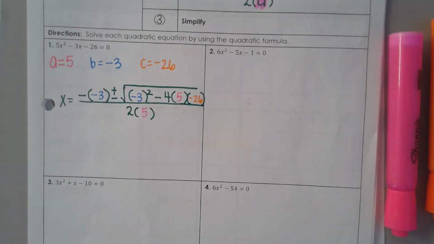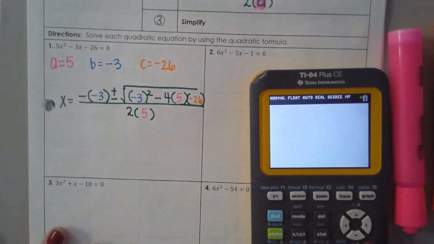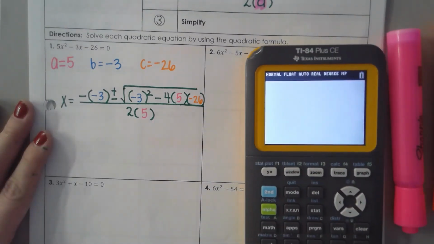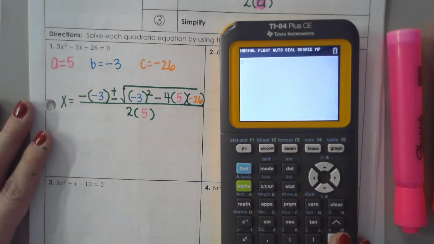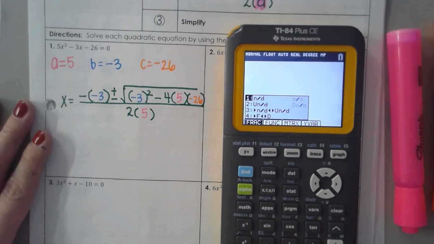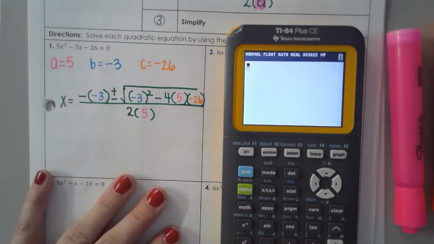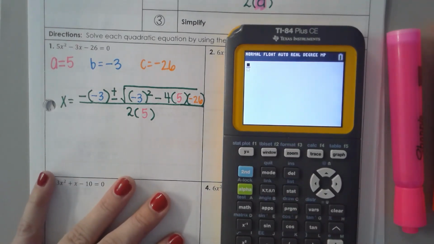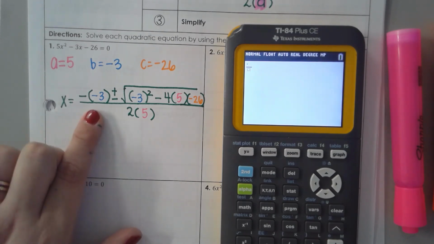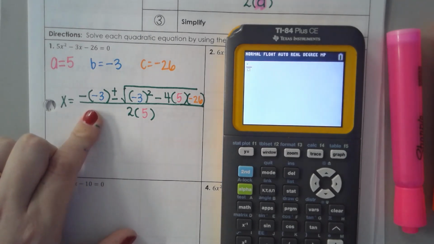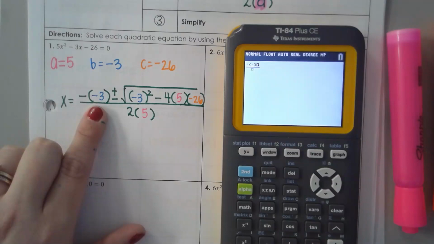So now in your calculator, alright, so go to alpha y equals and type in negative, and then in parentheses we're going to put negative 3.